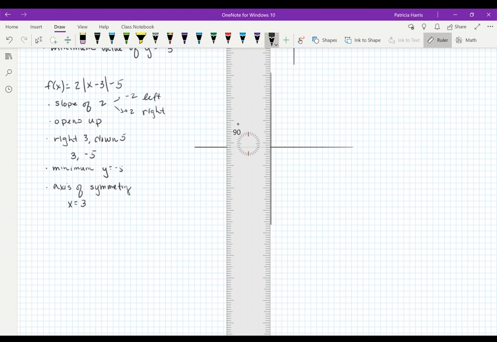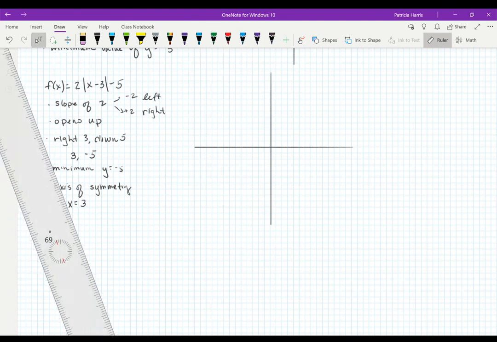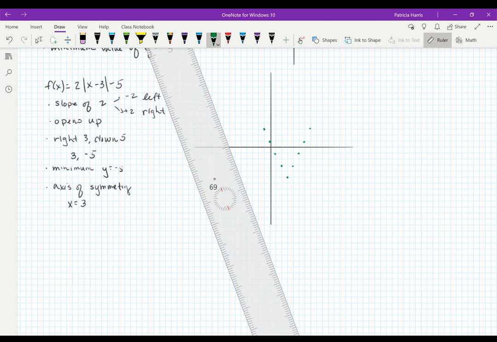Okay. All right, here we go. See how I'm counting out my slope, 2 over 1? Positive on the right, and then negative on the left.